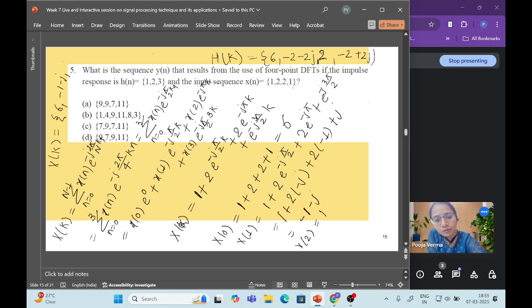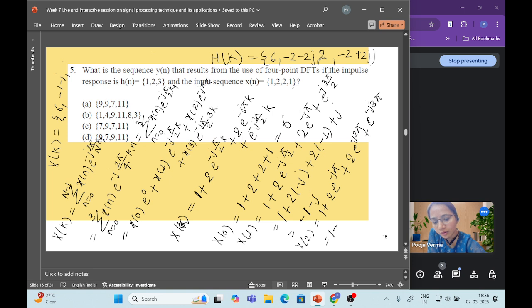So 1 plus 2 e to the power minus j pi, plus 2 e to the power minus j 2 pi, plus e to the power minus j 3 pi will be there. Okay, because the 2 will be cancelled out.